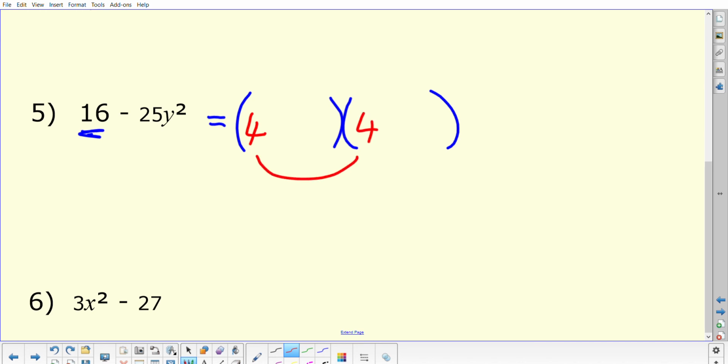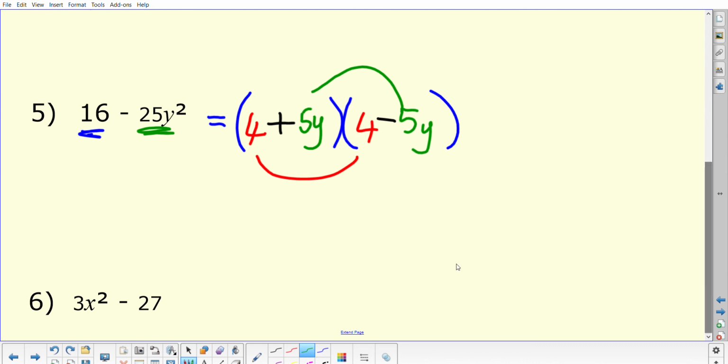And for the other term in the bracket, how can you make 25y squared? So you need a 5 and a y in each bracket. You then need a plus and a minus. So these two will always multiply together to give you the second term, and the first two inside the bracket multiply together to give you the first term.